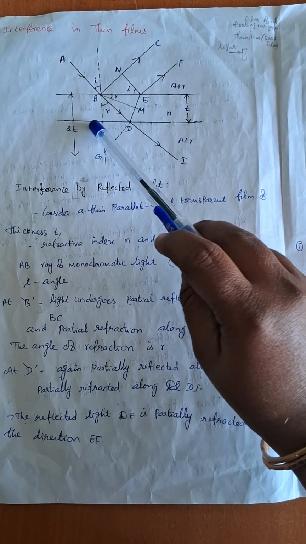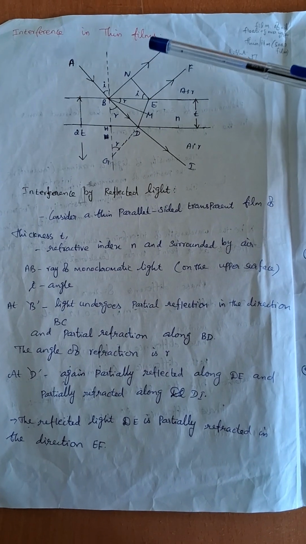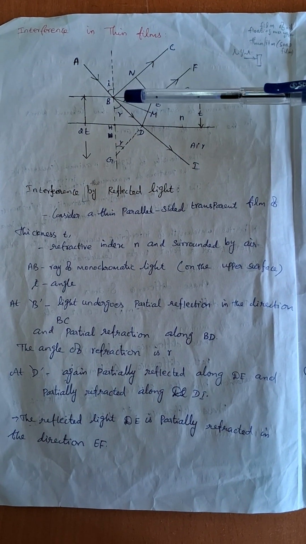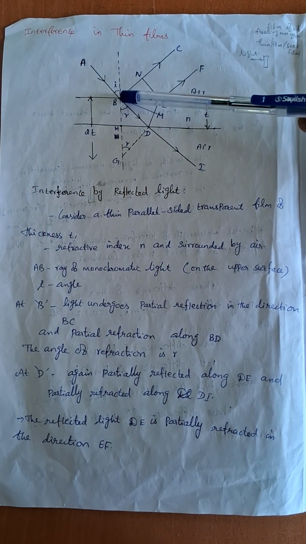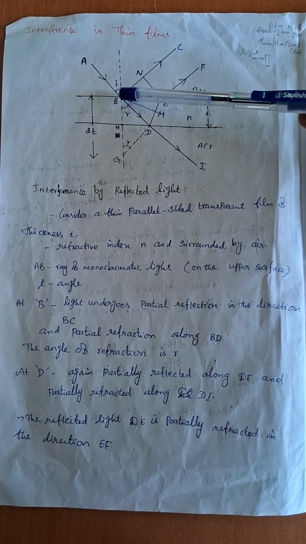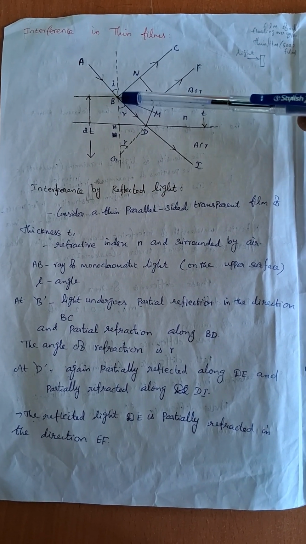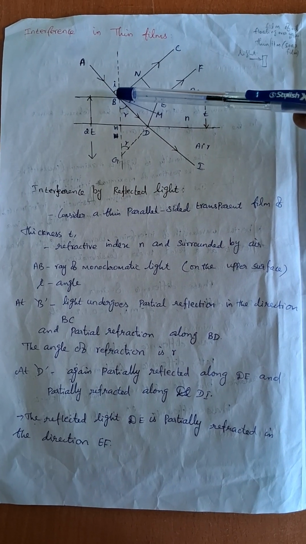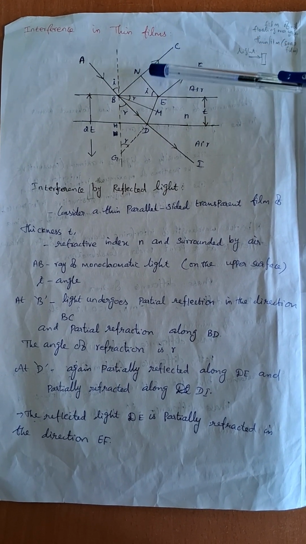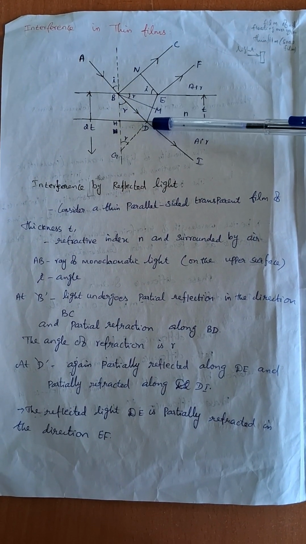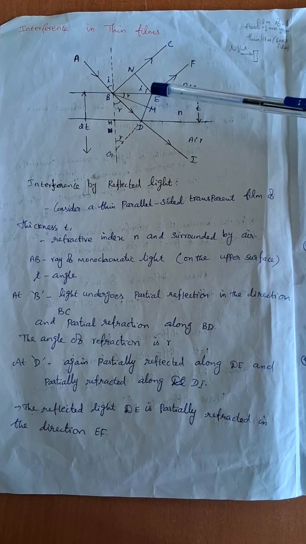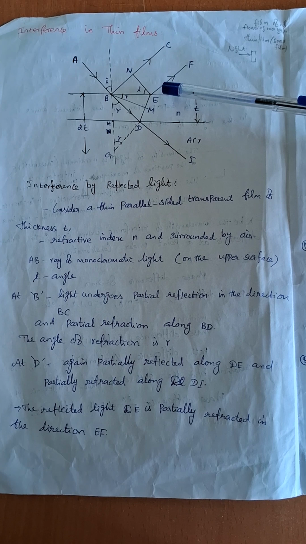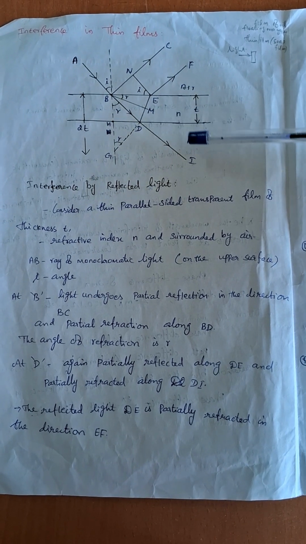When light from the source is incident at A on the thin film at B, refraction or transmission and reflection take place. The light reflects to C and transmits to D; at D it again reflects to E and transmits onward.